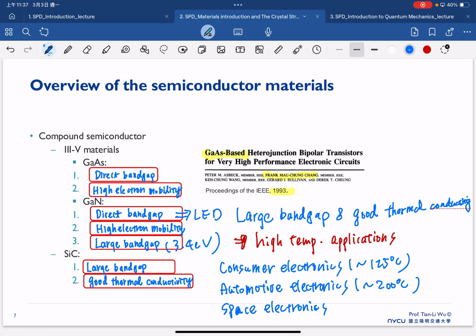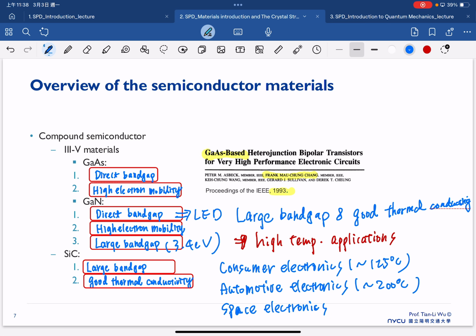Based on the name, you will realize this is a technology we are using in space, no matter for the satellite or the exploration vehicle on different planets. Because planets like Earth can have regular temperatures below 40, but some of the planets might have temperatures up to 300, 400, even 500 Celsius degrees.